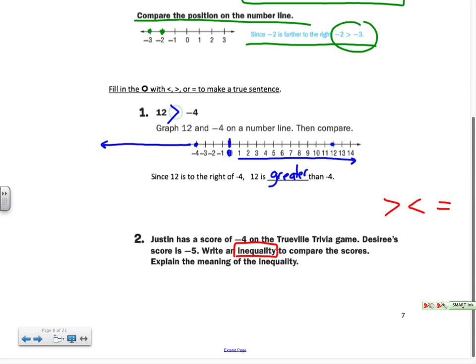So in this situation, the score of negative 4 is greater than the score of negative 5 because on a number line, negative 4 is farther to the right. So that would be my explanation where it says explain the meaning of the inequality.